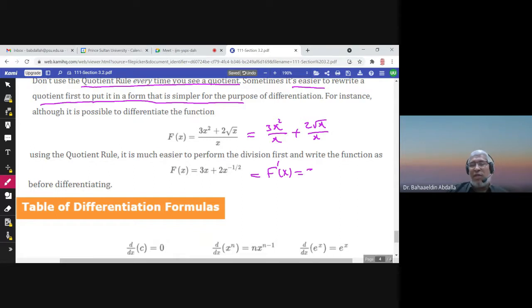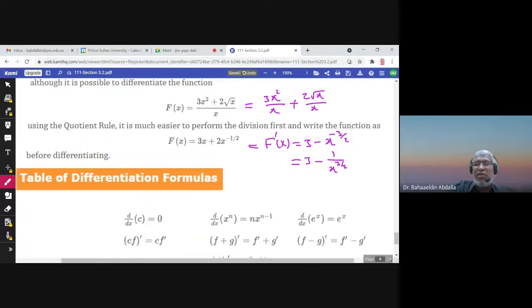Derivative of 3x is 3, and the derivative of this is negative half times 2, which is negative 1, x to the power negative 3 over 2, or 3 minus 1 over x to the power 3 over 2. That's easier, much easier than using the quotient rule. So pay attention.